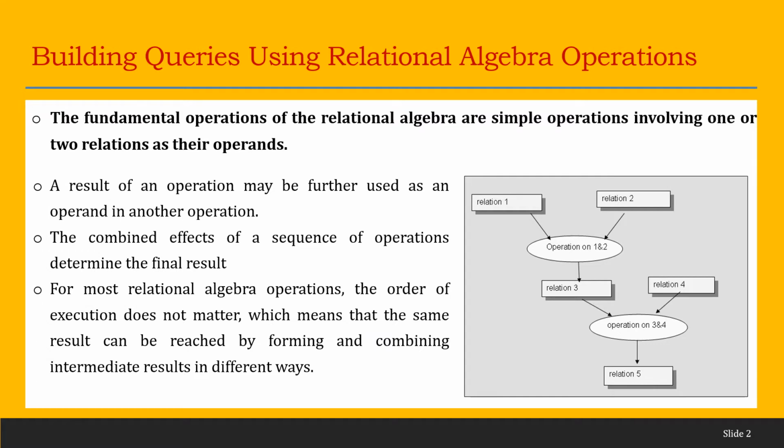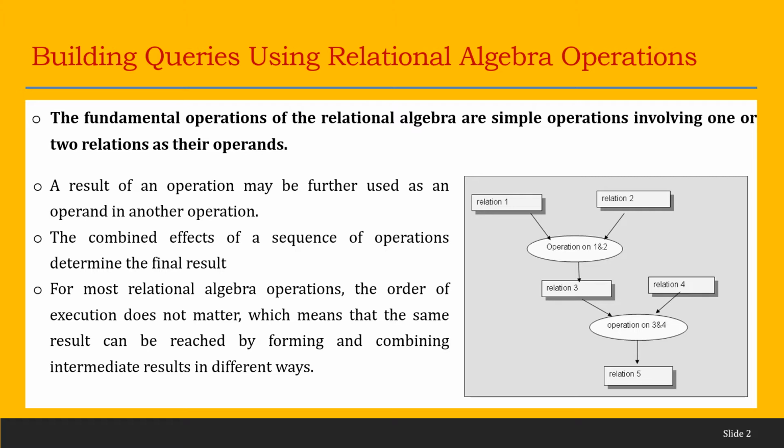We already discussed the various unary relational operations as well as binary relational operations. Suppose in a situation you want to get information from more than two relations, then what we do is perform simple operations that involve one or two relations, and that intermediate result will be combined with the other relations to get the final result.